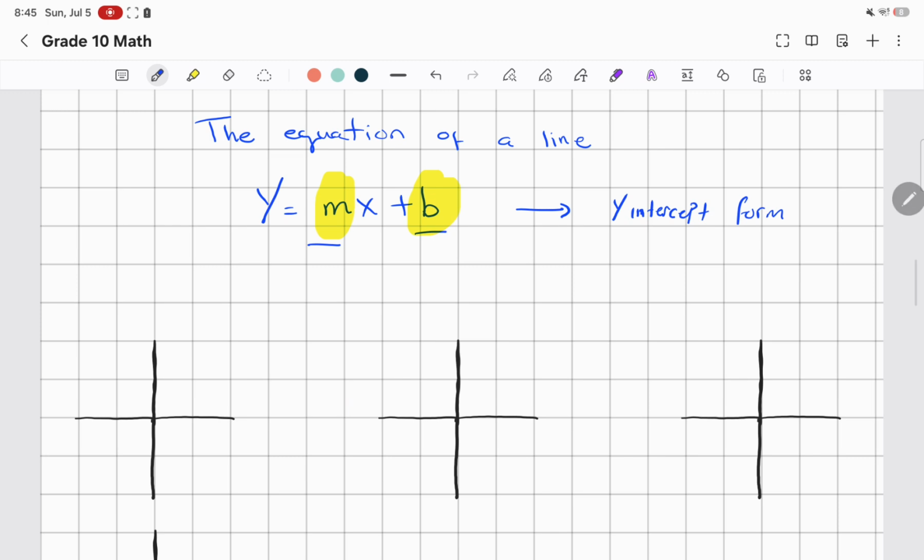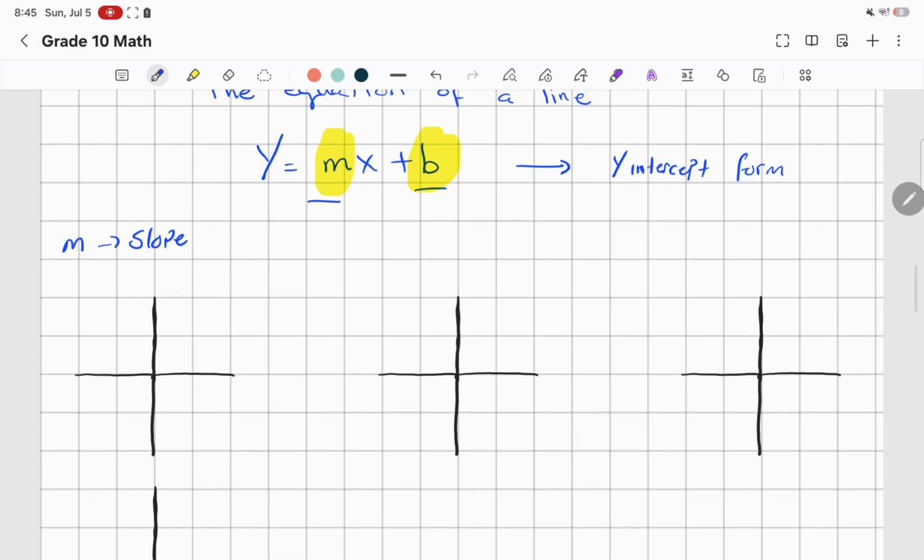Okay, now looking at the slope, there are four types of slopes. There's a positive slope, where the line is increasing, elevating upwards. That's a positive slope.